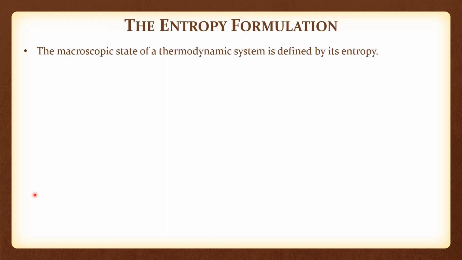The internal energy formulation states that the macroscopic state is defined by its internal energy, and there you consider various independent variables to describe the state of the system, so internal energy is a function of a set of variables. Whereas the entropy formulation hypothesizes that the macroscopic state is defined by its entropy, and therefore entropy is a function of many independent variables.